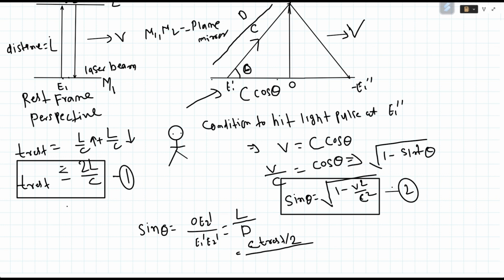You can see that this hypotenuse is longer, so the time will be longer. So you can write c and then t moving by 2, and from there you can cancel c and 2.